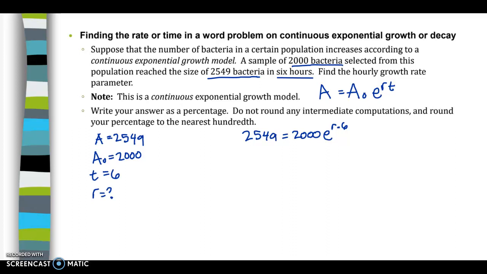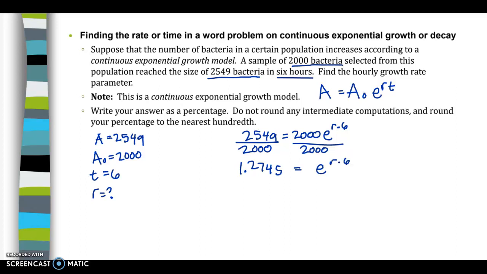How do we solve for R? Well, let's isolate the base that has the exponent by dividing by 2,000. We'll end up getting 1.2745 equals e to the R times 6.